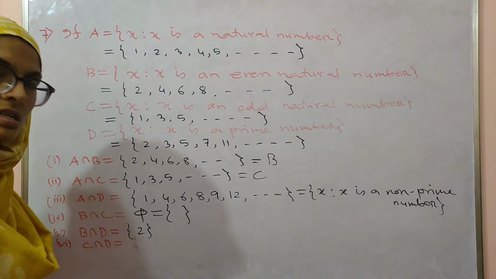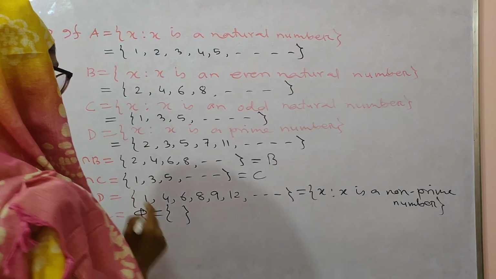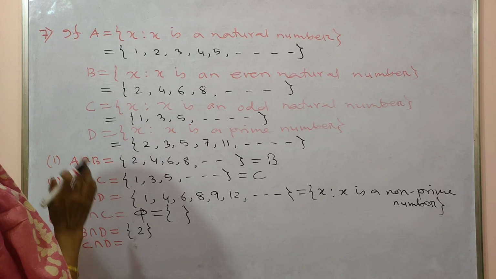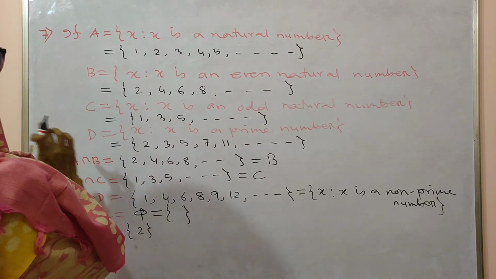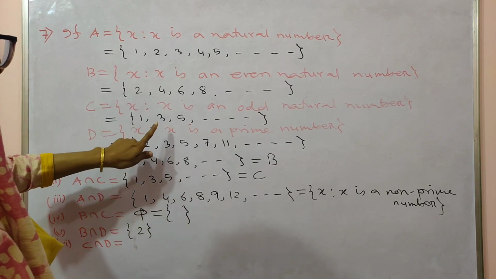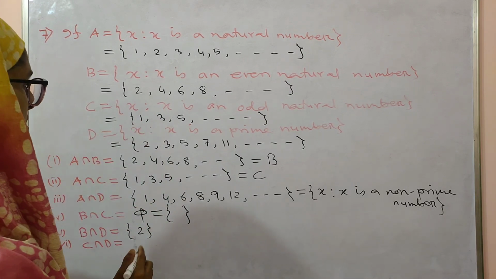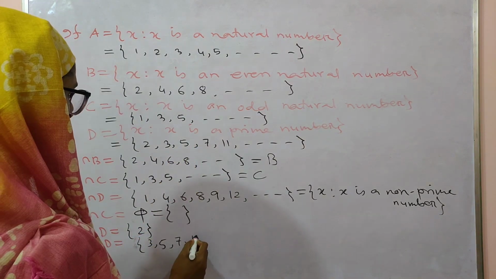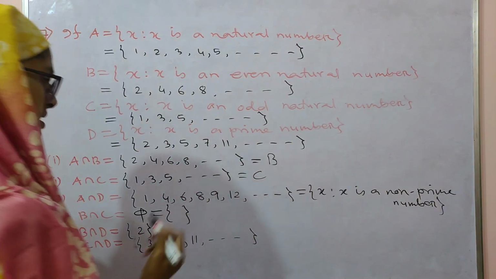B intersection D has only one element, 2, a singleton set, and the other is the null set. C intersection D: here 1 is not there, you can write 3, next 5, next 11 up to infinity.